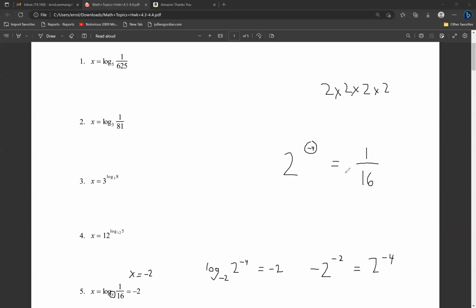So how can we rewrite the right side of this? Wait a second. What did I do wrong here? I did something wrong here.